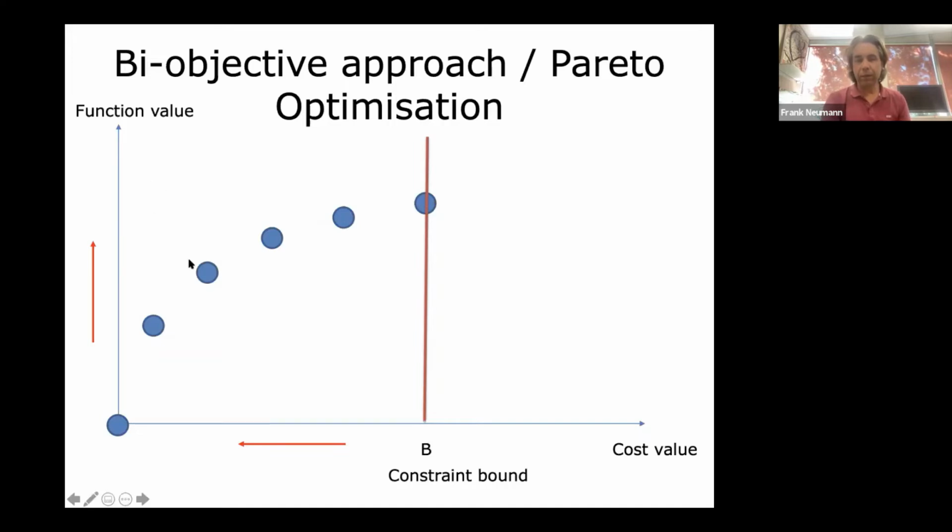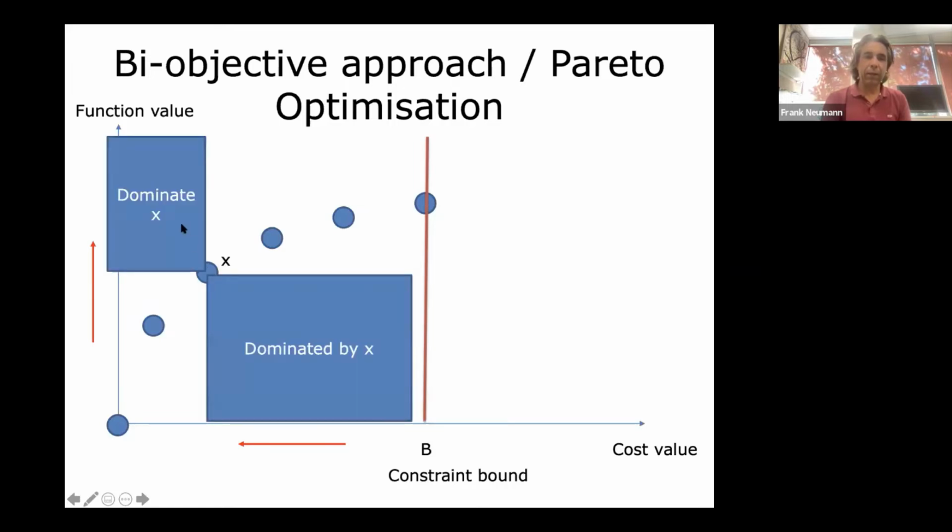So for those of you who haven't worked that much in evolutionary multi-objective optimization or in multi-objective optimization, what you try to do is you try to push that one essentially towards the Pareto front. And if you look into a solution X, then these solutions up here, these are the ones that dominate X. So these are strictly better.